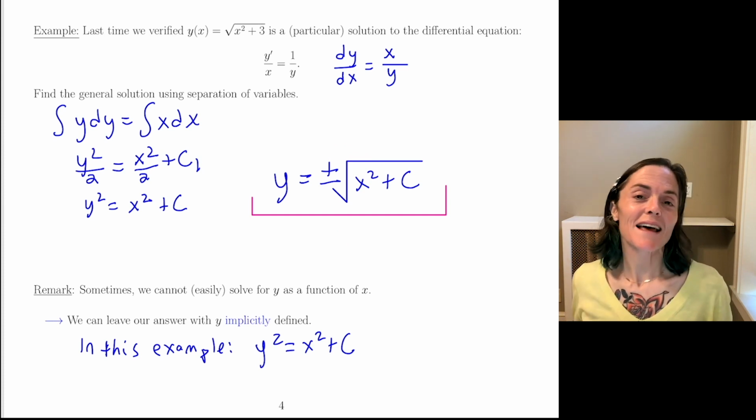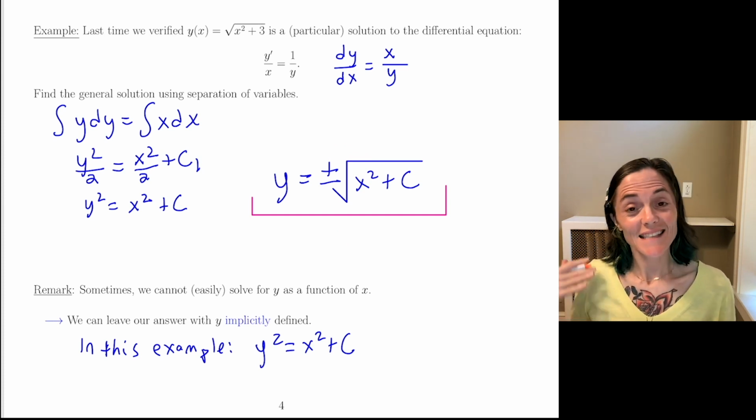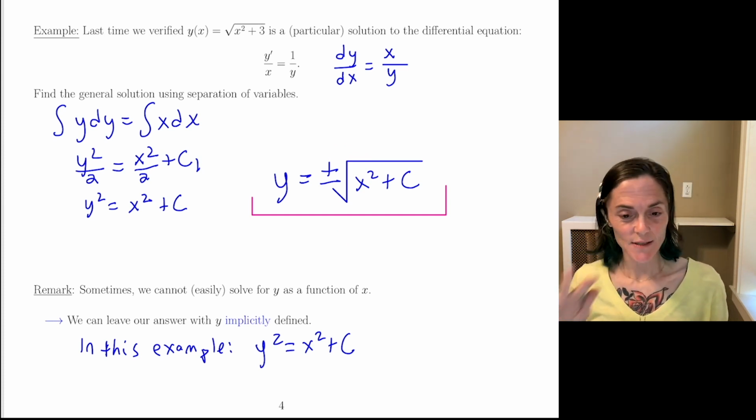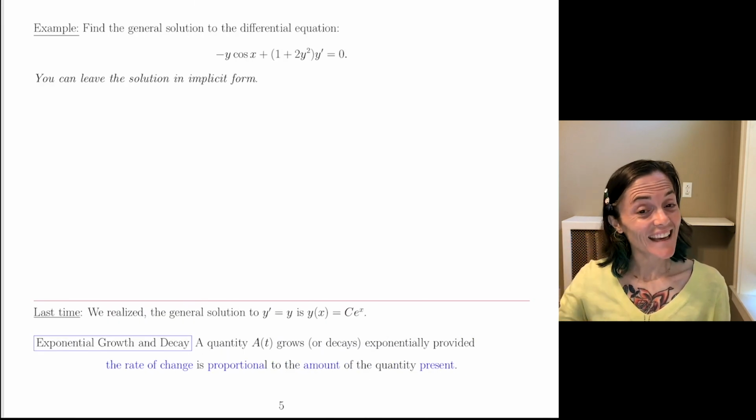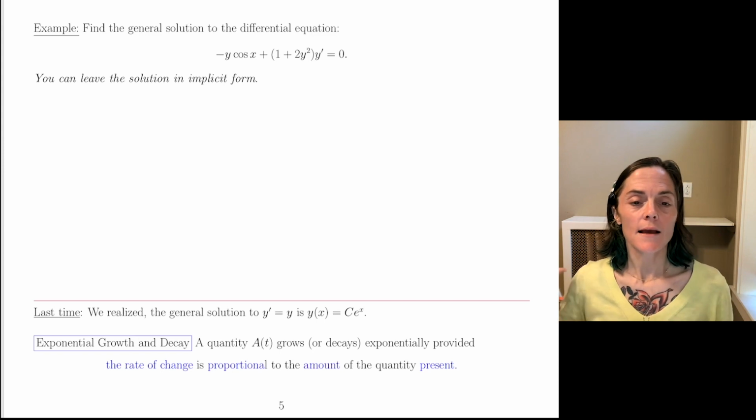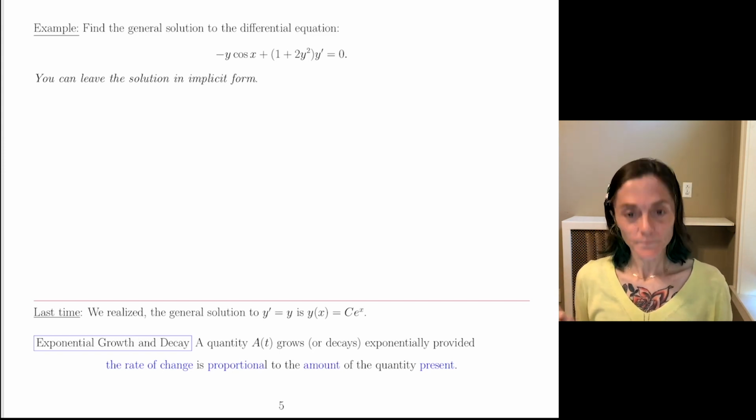But let's do another example where it is not so straightforward to solve for y as a function of x. Right here, and we will leave our answer in implicit form.